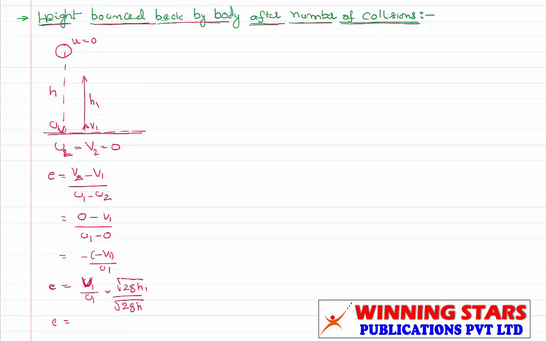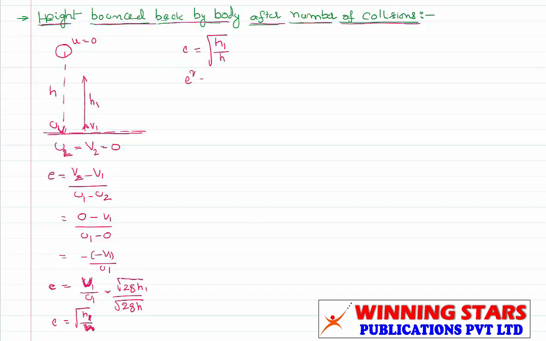So the coefficient of restitution can also be expressed in terms of the heights as e equals root of the height bounced after the first collision by the height from which the body has fallen freely, where h1 is treated as the bounce height and h as the initial height. So I got a formula now: in the case of the first collision, e is the root of the height bounced back by the height from which it has fallen.